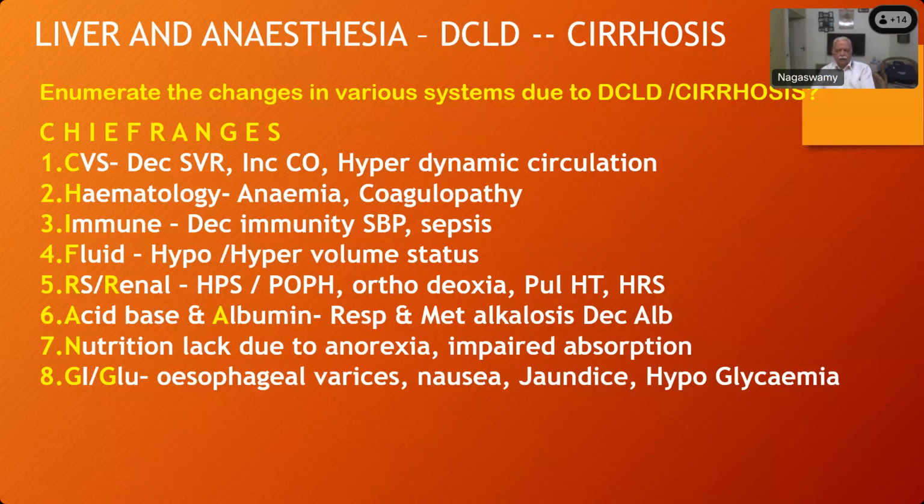What is the difference between glucose and glycogen? Glycogen is a branched carbohydrate. Many carbohydrate molecules clubbed together is called glycogen. Glucose is a single molecule.